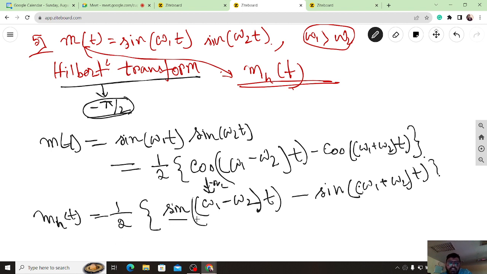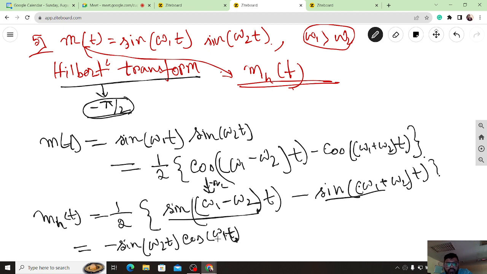So again, this is sin A minus sin B, and I can write this equation as sin of omega 2 t times cos of omega 1 t.